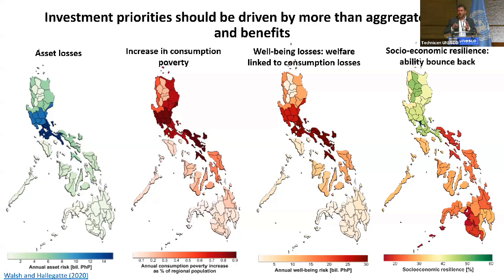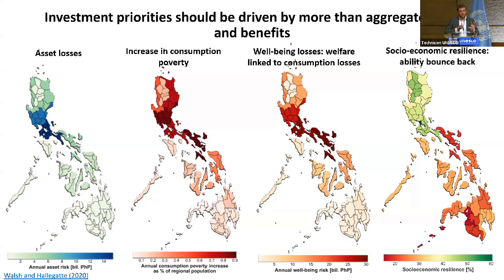And it's really a metric for the ability to bounce back. So if you're losing your assets, you still have the ability to recover from that quite easily. So the higher your socioeconomic resilience, the better off you are, the better equipped you are to deal with the consequences of disasters. And here you see a completely different pattern, right? Here you'd probably be wanting to protect a lot of the south, which didn't appear in the previous maps.